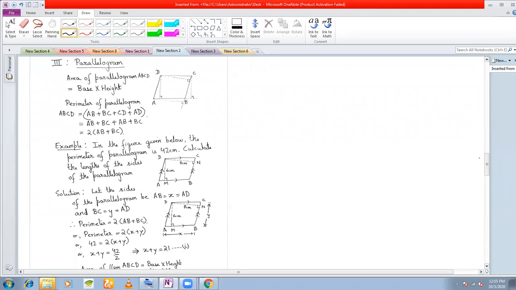Now this is an important one because in a parallelogram you have the concept of base and height, which I have mentioned, I think, in class 8 also, but let me just repeat here. So this is one height. Another height could have been drawn from here, 90-degree.